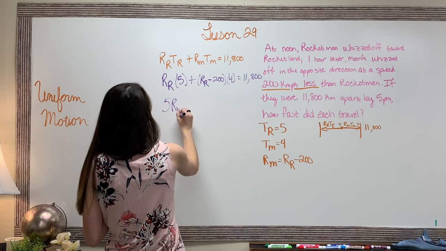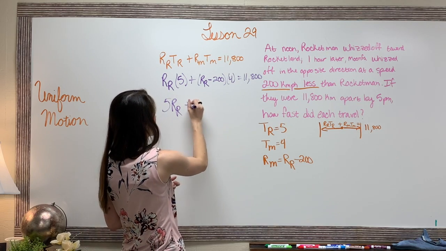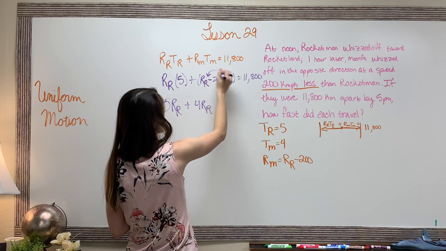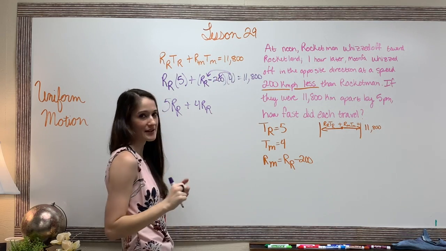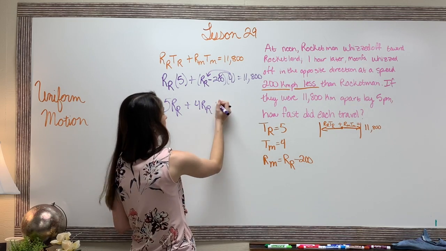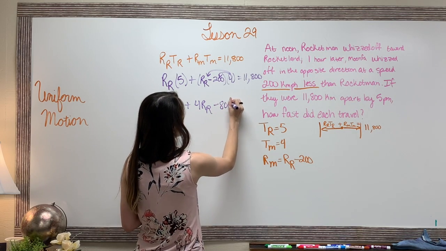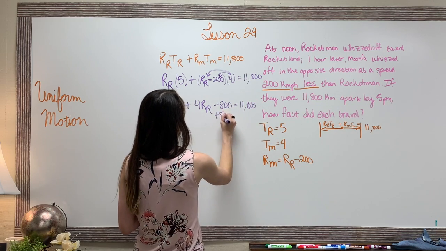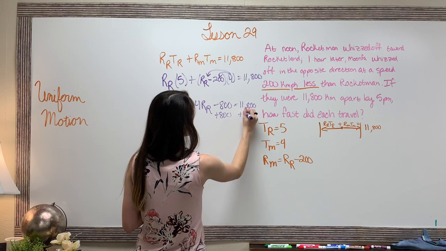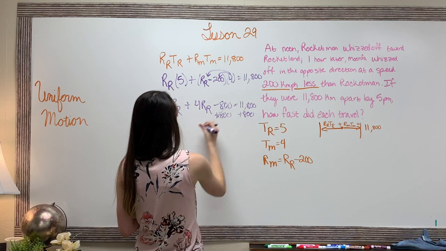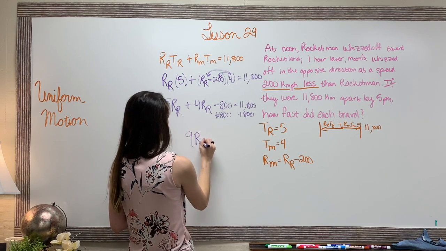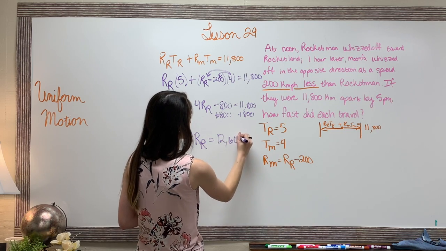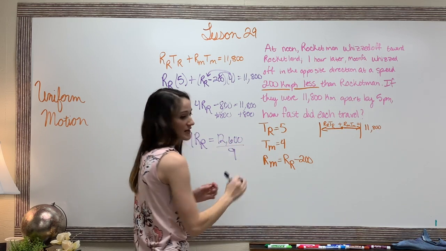So 5 rate of Rocket Man plus 4 rate of Rocket Man, because remember this 4 gets distributed, even though it's listed in the back, it's still gonna get distributed to both parts. Minus 800 equals 11,800. We're gonna add 800 to both sides. So that's gone, and we get 9 rate of Rocket Man equals 12,600, and we're gonna divide by 9.